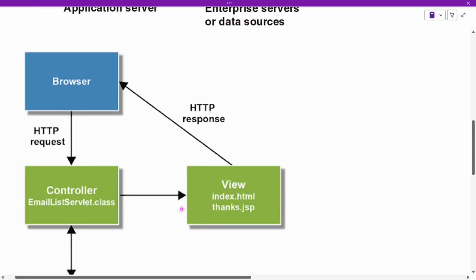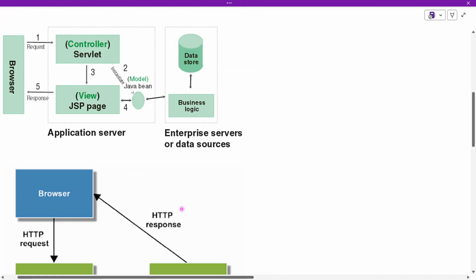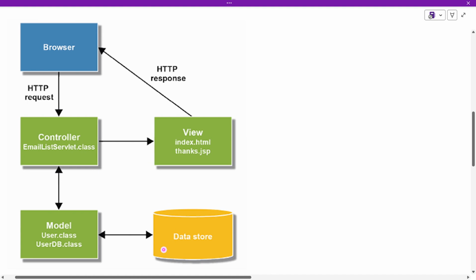So let's see how the browser works. As we discussed, an HTTP request is going to be sent to the controller. The controller is actually responsible for managing which component has to be called next. It is going to call the view if it's only supposed to print something.